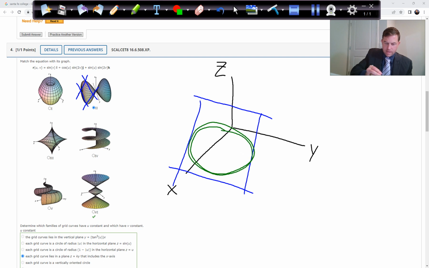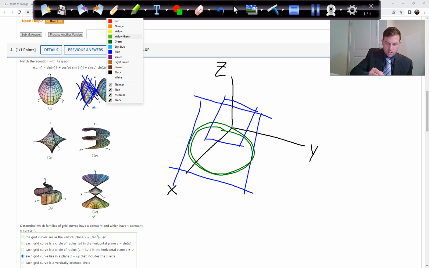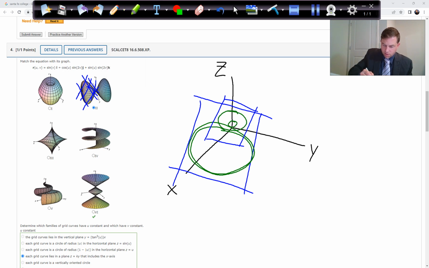So any cut that we take closer to the YZ plane is going to be a smaller circle, and the circles are going to shrink until you get to the origin.